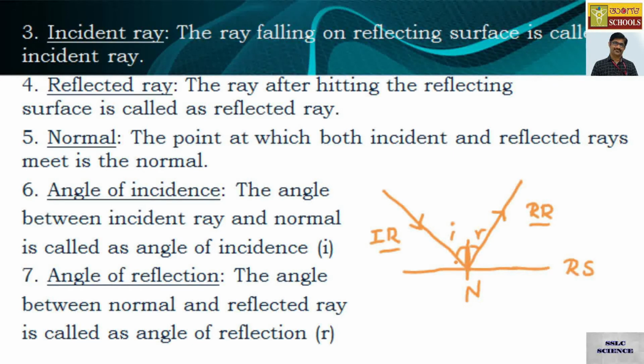Angle of incidence is nothing but the angle between incident ray and normal, and angle of reflection is nothing but the angle between the normal and reflected ray. I hope you followed all these points about the important terms related to reflection of light.